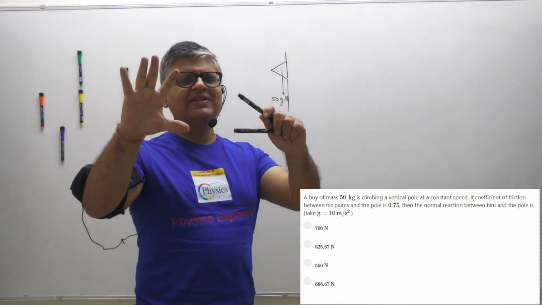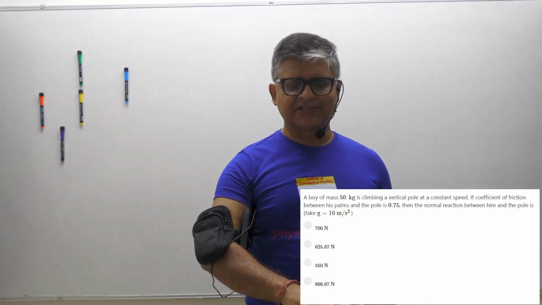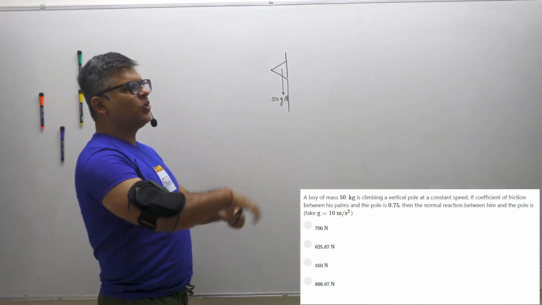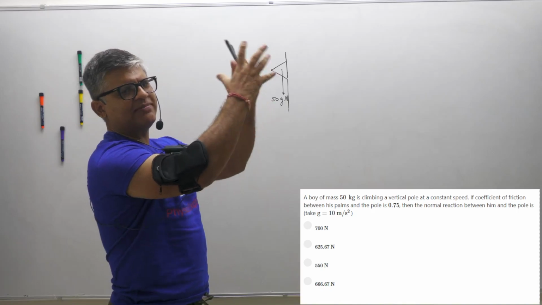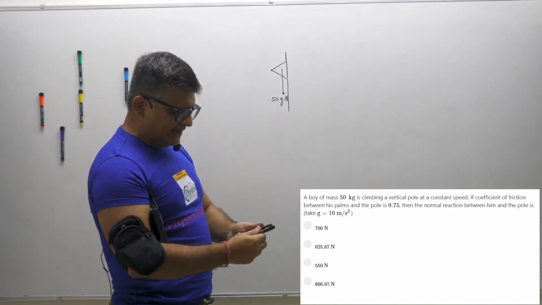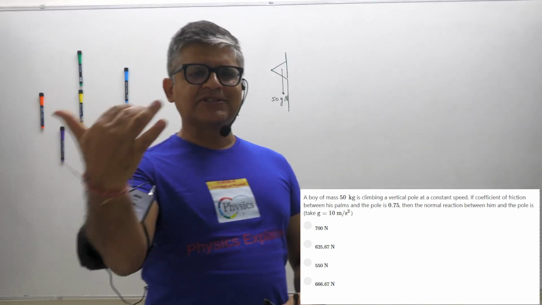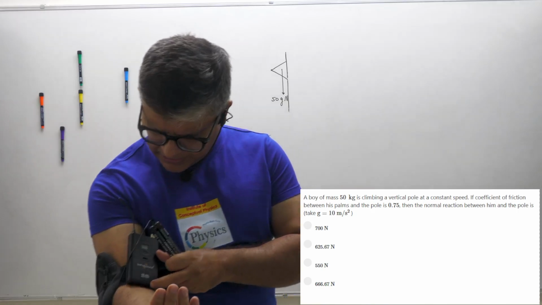I have drawn two hands, but for all practical purposes, assume a single point where the normal reaction is acting. I have shown two hands because I generally use two hands to climb, but let's say it's a single point where the normal reaction comes back to the man.